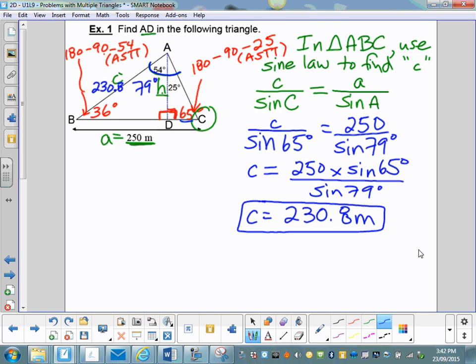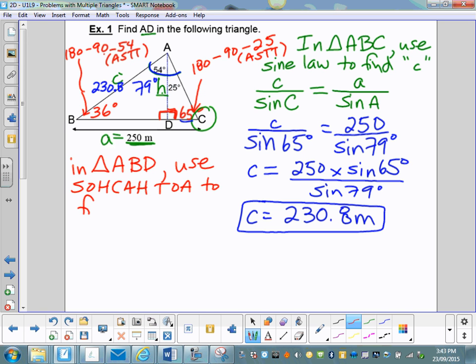So now that I know that, 230.8 for side C, I can now use that in the right angle triangle ABD. In triangle ABD, because it's a right angled triangle, I'm going to use SOHCAHTOA to find that h value.